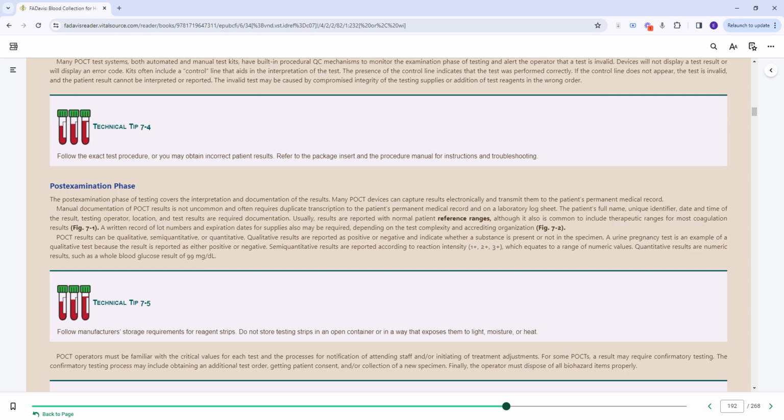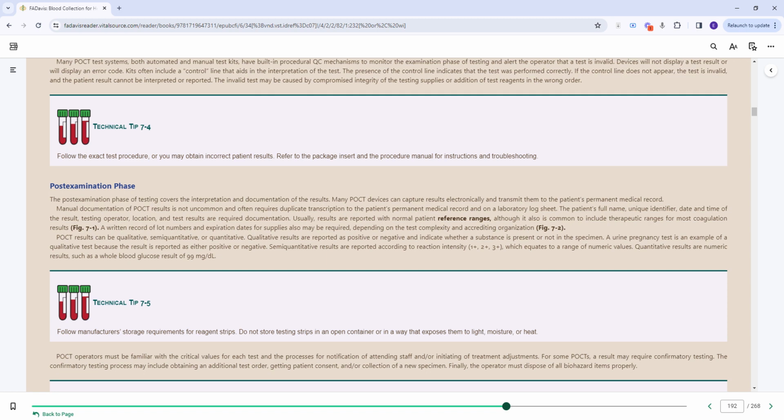Semi-qualitative are reported by how intense the reaction is. +1, +2, +3, things like that. A lot of times that would be a urine dip. So the patient would urinate into the specimen cup, and then a reagent strip is dipped into the urine, and then it is read by the intensity.